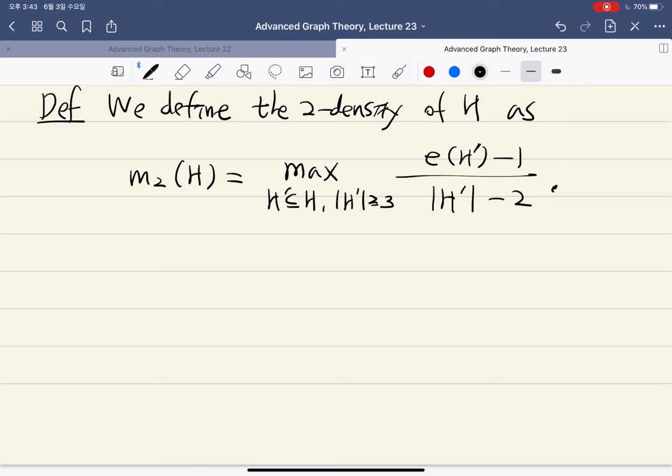And this quantity has some meaning, and you will see the meaning of it in the following theorem.